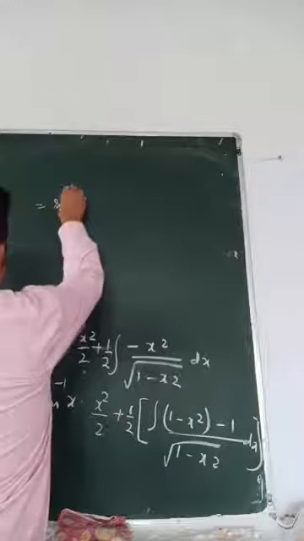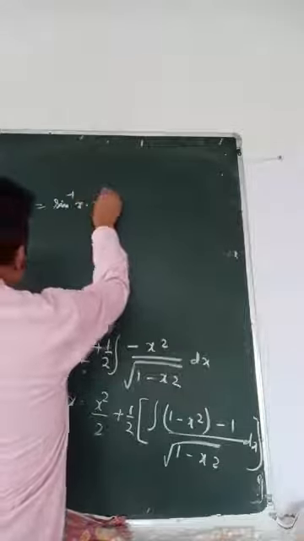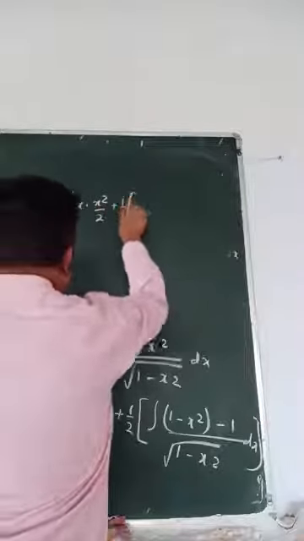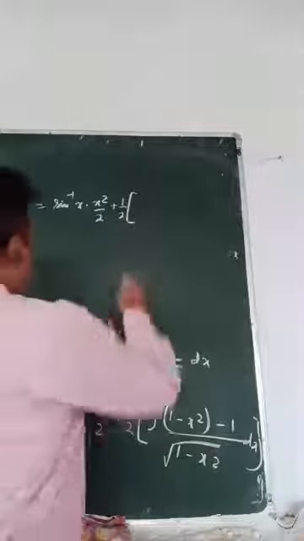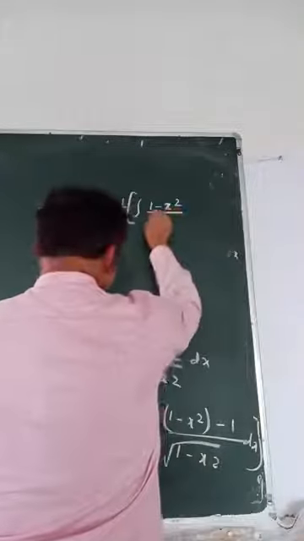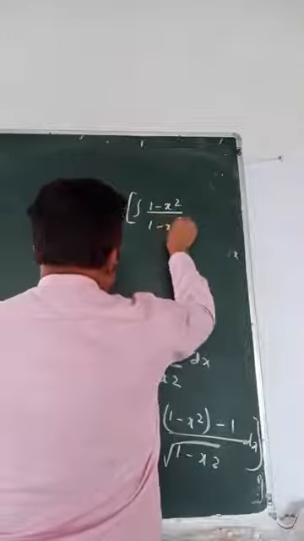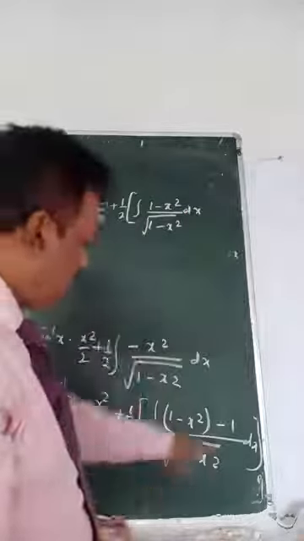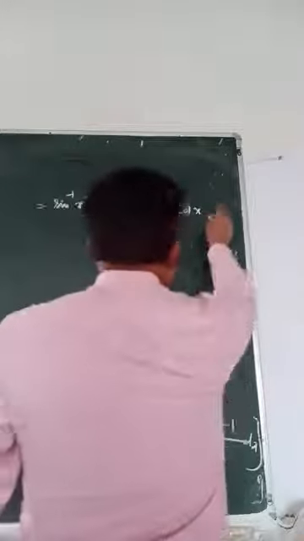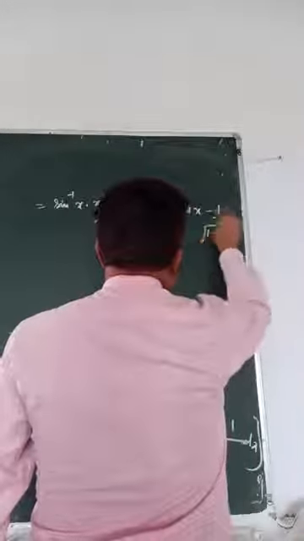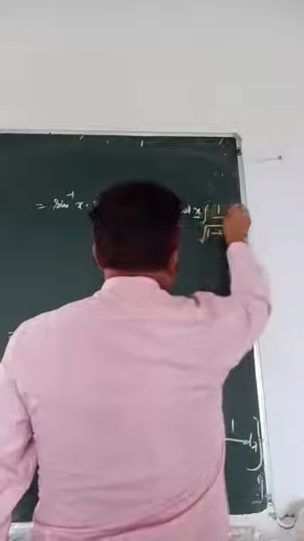So separation will give you sine inverse x into x square by 2 plus half outside. This is integration of 1 minus x square by root of 1 minus x square dx. Then minus 1 by root of 1 minus x square dx.